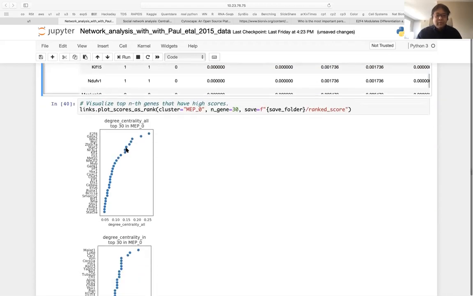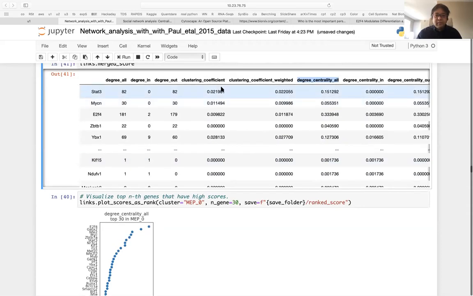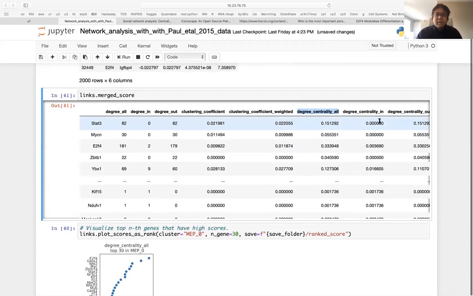For example, the degree means the number of edges in the network. The node is a single gene, and each single gene has a degree centrality score. This is a normalized degree centrality score, so the maximum is 1 and the minimum is 0.